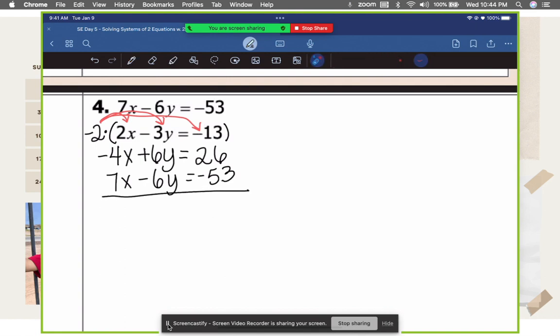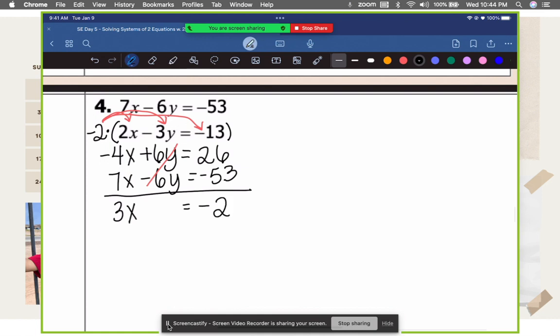Negative 4x plus 7x is going to be 3x. The y's should cancel out. And then here, I'm going to get negative 27. Make sure you use your calculator to calculate this if you're not 100% sure. Last step, I'm going to divide both sides by 3, and x will be equal to negative 9.